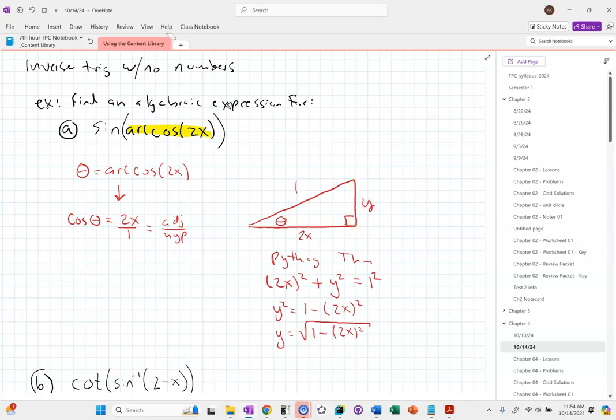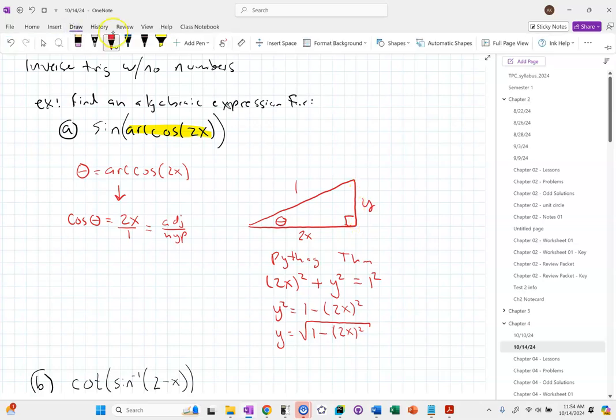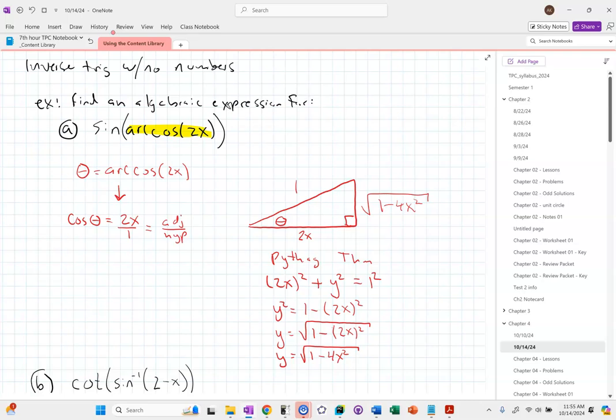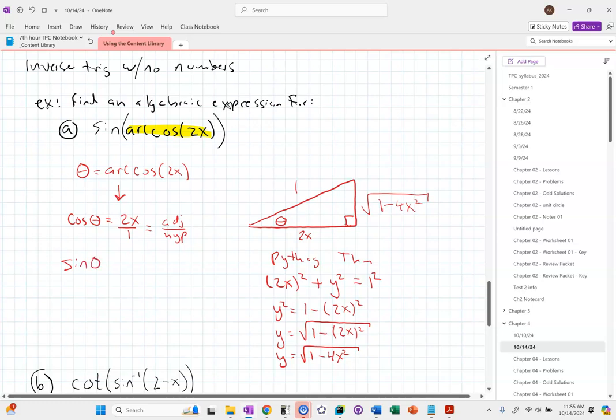So far, so good. And the last thing I'm going to do then is just to simplify the 2x squared. So that's that. So I'll replace my y with square root 1 minus 4x squared. How do you guys feel there? So far, so good? Okay. So now, if I do sine of theta, I know from SOHCAHTOA, sine is opposite over hypotenuse.